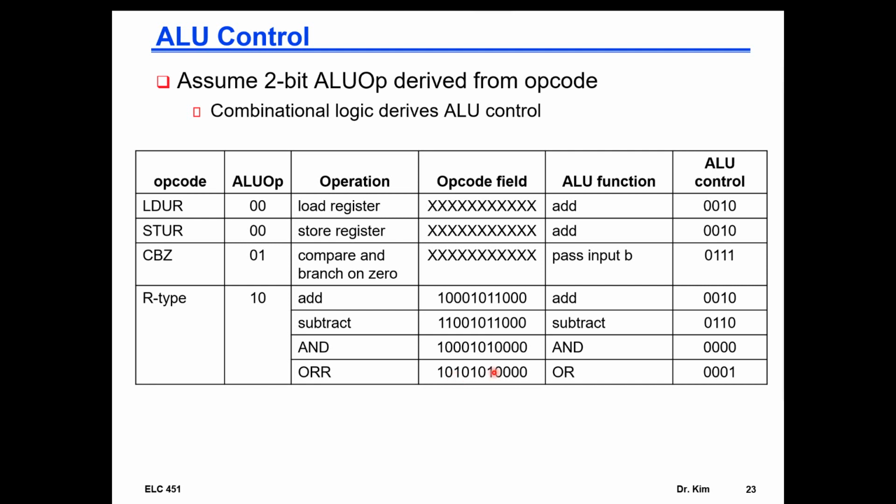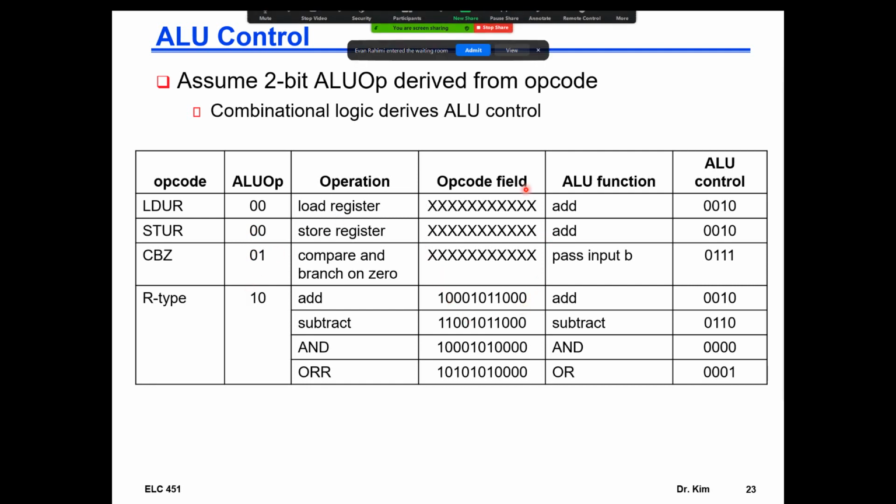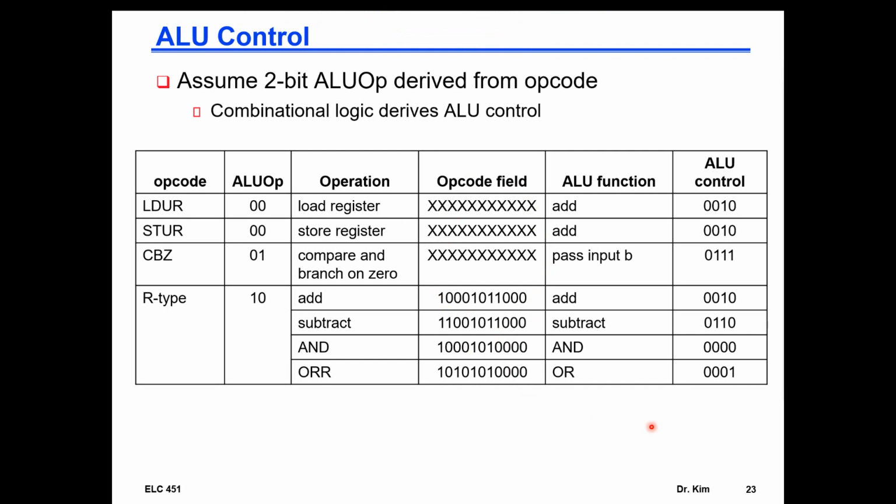So this becomes the truth table for the combinational logic that is going to be the control of the ALU. It's going to take as inputs these 2 bits here that are going to come from the main control combinational logic, and is going to look at the opcode field and generate the specific functionality for the 6 functions of the ALU.